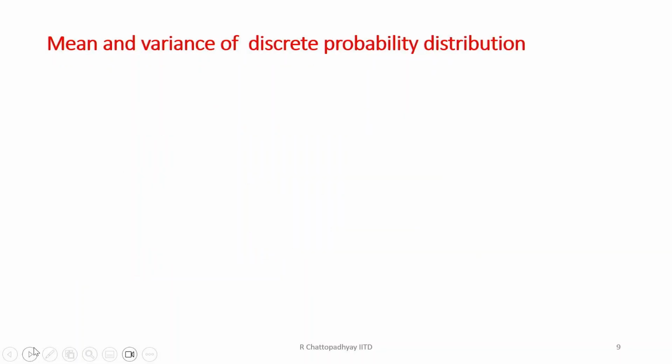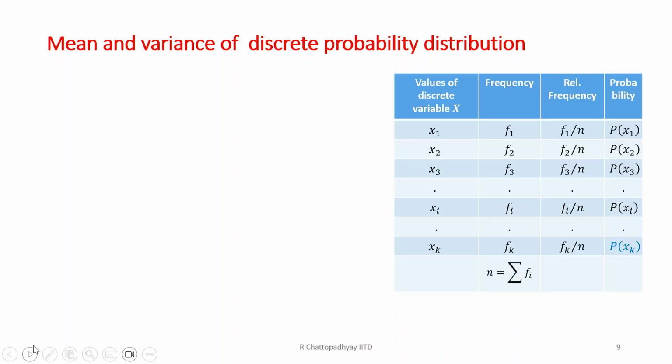Now we'll go to mean and variance of discrete probability distributions. Here is a discrete distribution where the values of the discrete variable x are x1, x2, x3, xi up to xk. When you say this is discrete, that basically means the values it can take will be either 0, 1, 2, 3, 4, 5, 6 up to k.